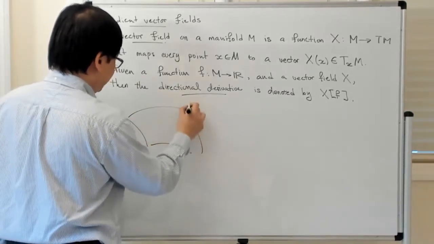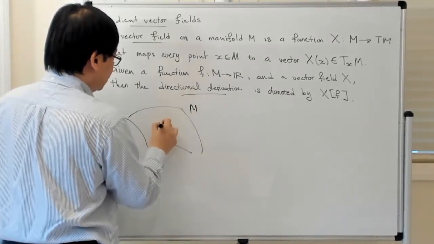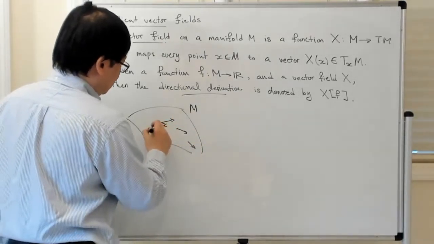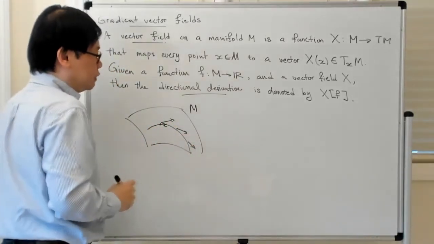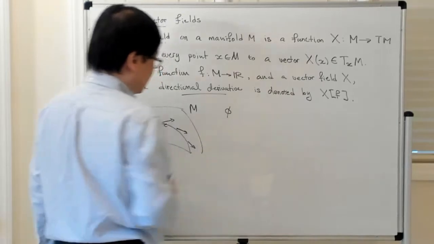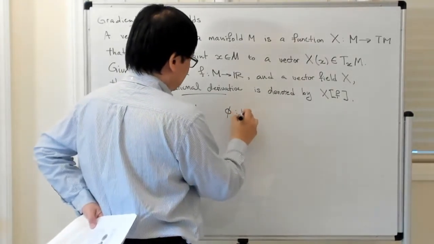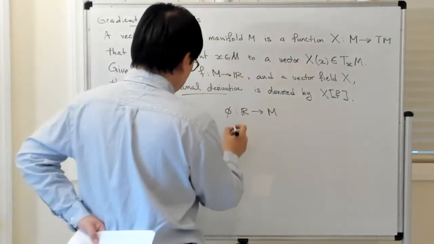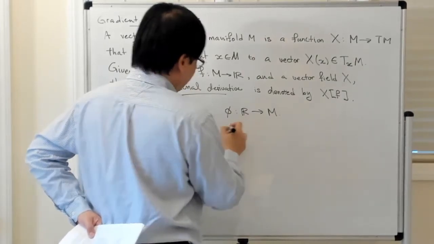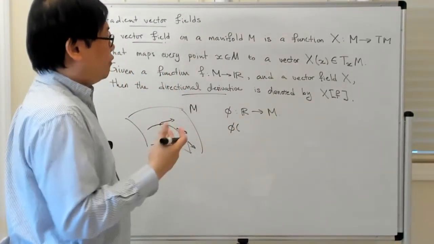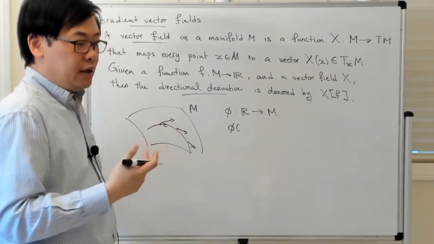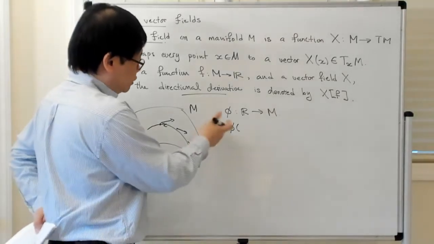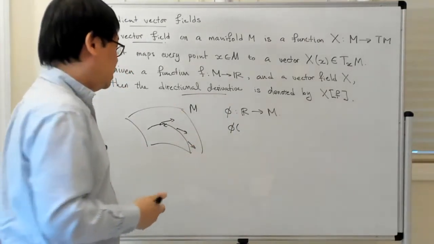All right, so you have a manifold M, you have a point x, and you have a vector field on the manifold. You can look at the integral curves of the vector field. Let's call that psi. So psi is a one-parameter curve from the reals to the manifold with the property that, if you have a vector field, you can set up an initial value problem in the sense of an ordinary differential equation, and you can solve it. This is the integral curve associated with that initial value problem.